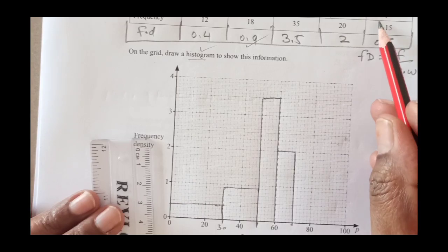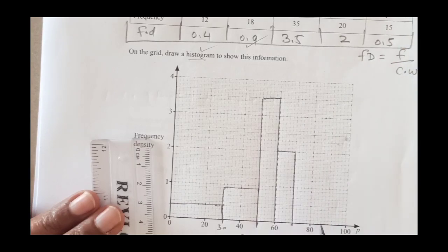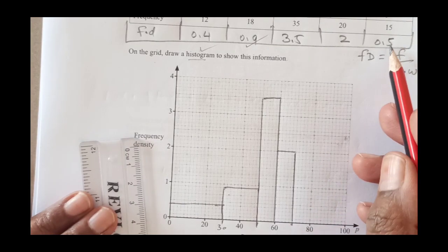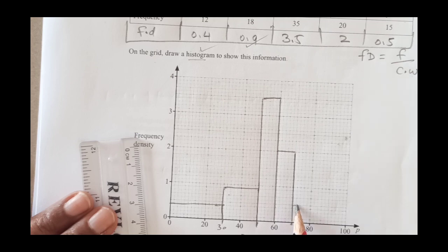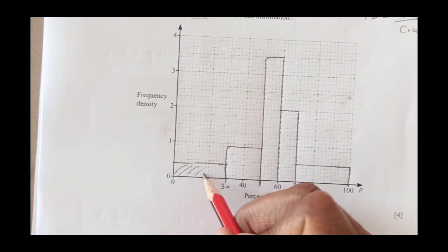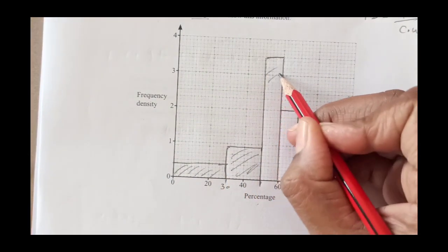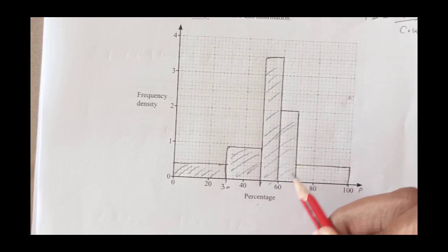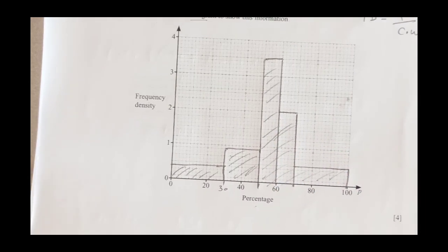Then we have 70 to 100. It is 0.5. 0.5 is here. So that's how you are going to complete it. Okay, so this is done.